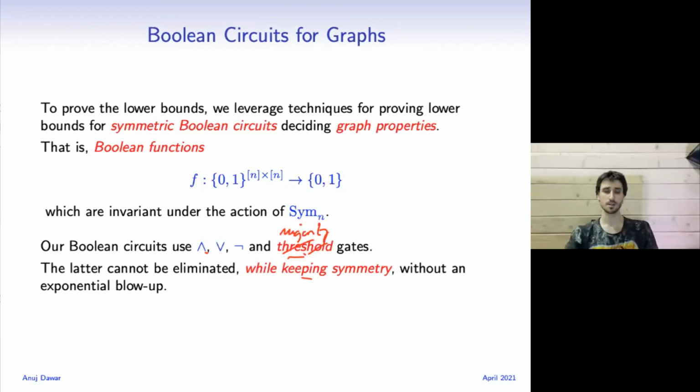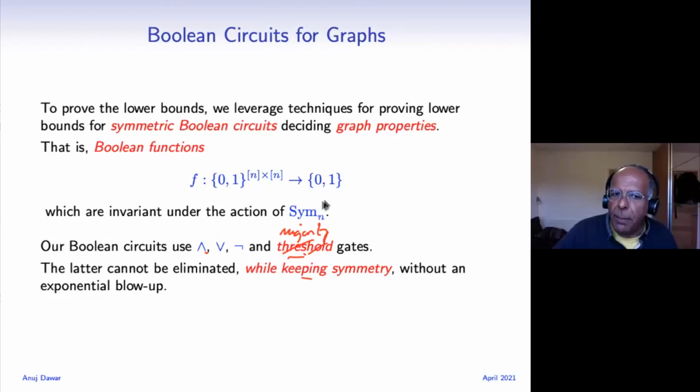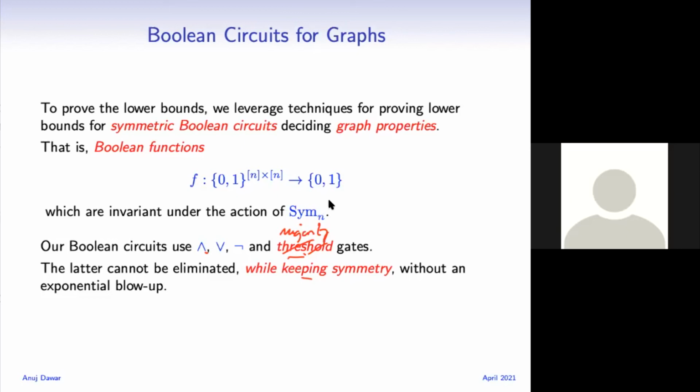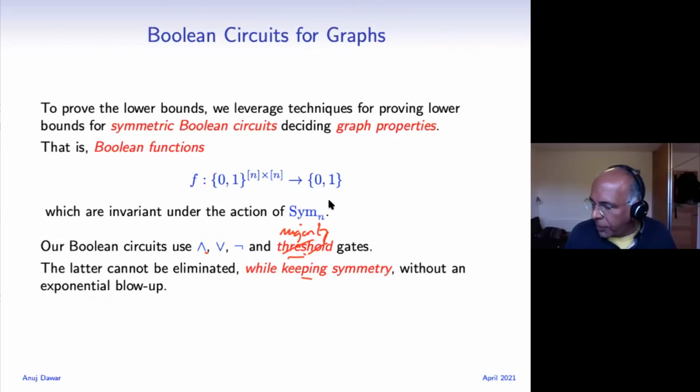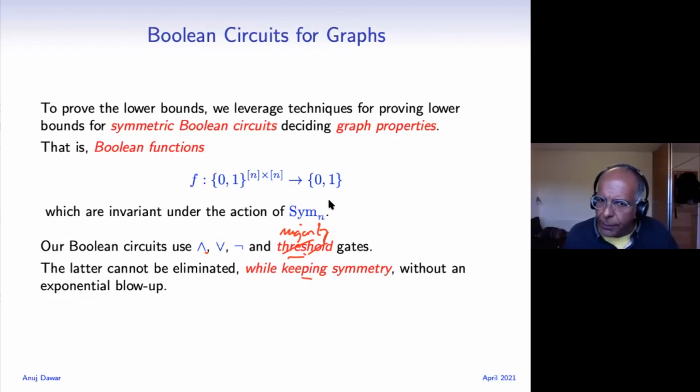Any other questions? What about estimations of depth? Sorry, estimations of depth, for example, of the depth of the circuit in these proofs? Yes. So we're not putting any bound on the depth. The lower bound applies to circuits of any depth whatsoever.